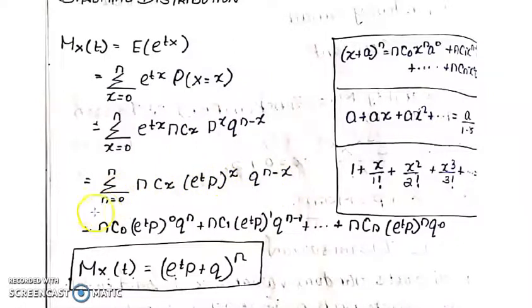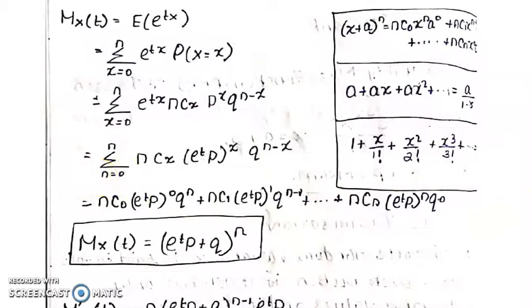Now expand the summation. Put x equal to 0 here: nC0 e power t times 0 p power 0 q power n minus 0, which is q power n. Similarly, put x equal to 1: nC1 e power t p power 1 q power n minus 1, and so on. Now apply the binomial formula, and after simplification we get (e power t p plus q) power n.